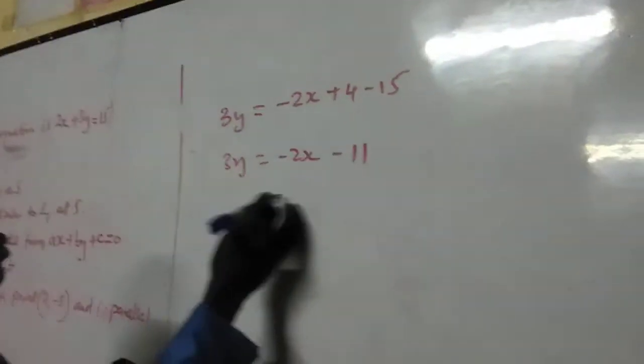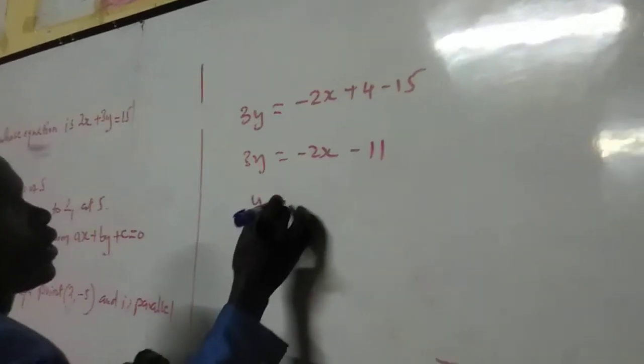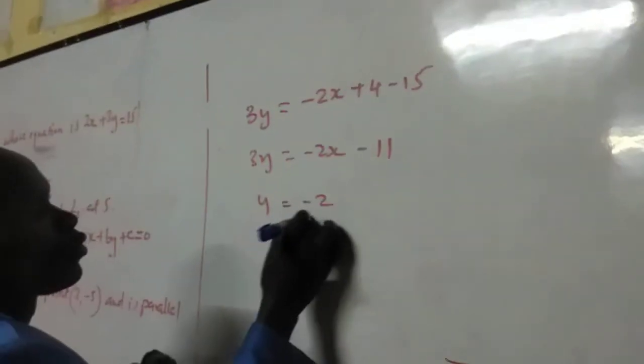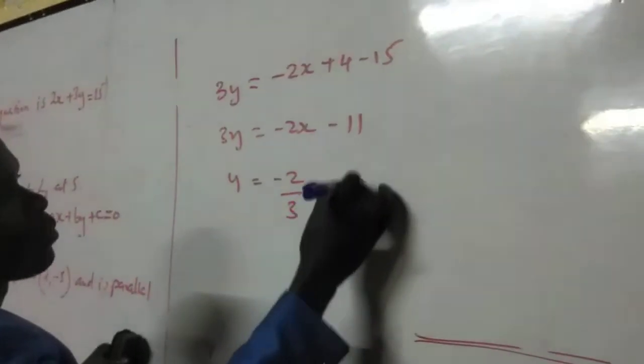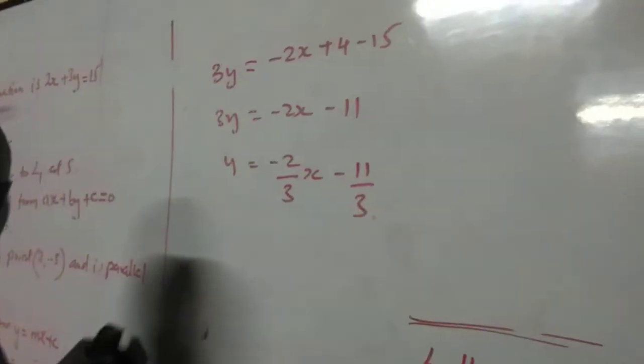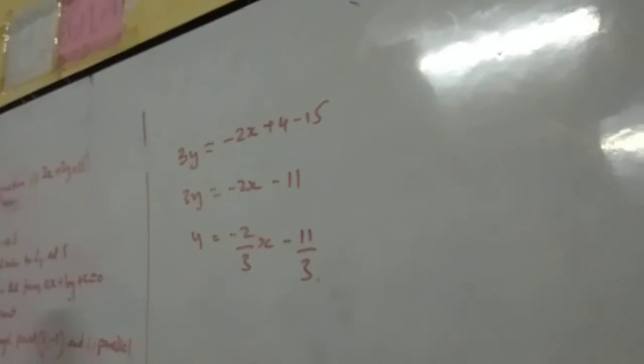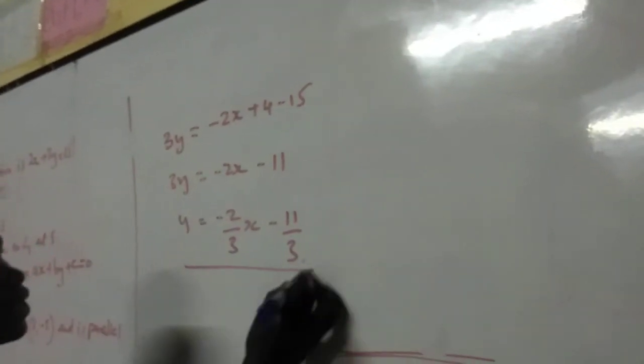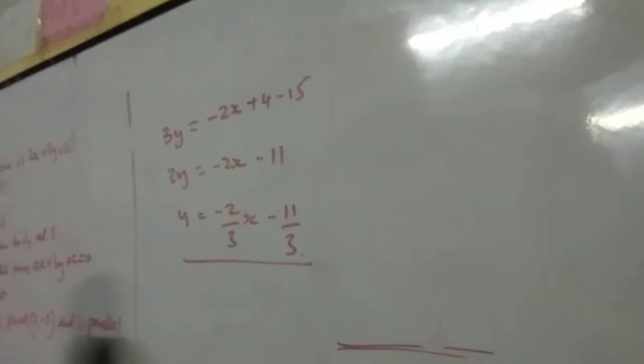We divide through by 3, so y is equal to negative 2 over 3x minus 11 over 3. So we have the equation in the form of y is equal to mx plus c. So that is the answer to that part.